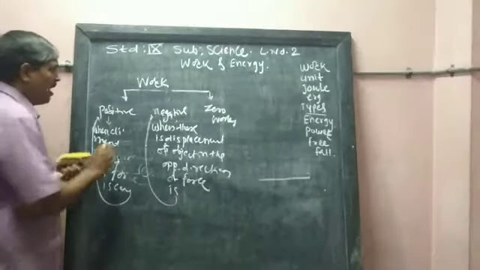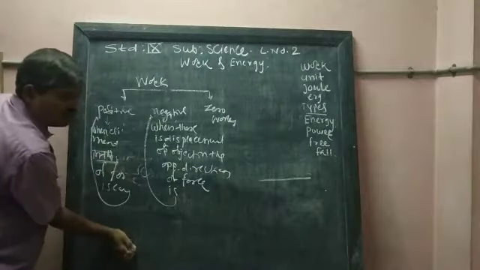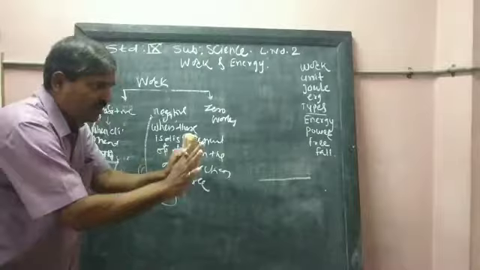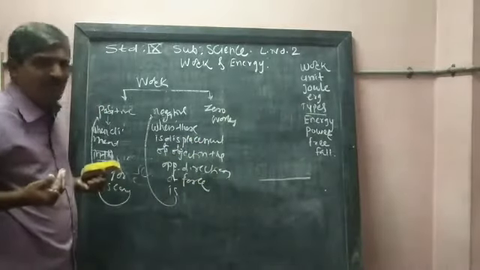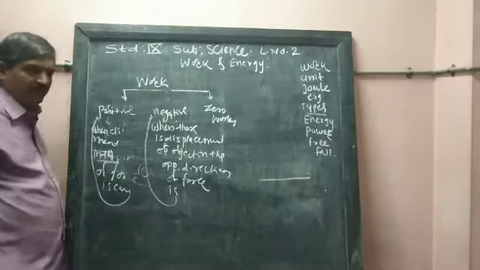Understand what I told? I am trying to push it in the upward direction, but the chalk comes in the downward direction. Or you are pushing in the forward direction, but the vehicle comes in the backward direction. That is called negative work.